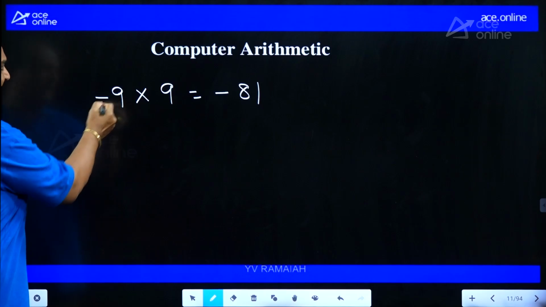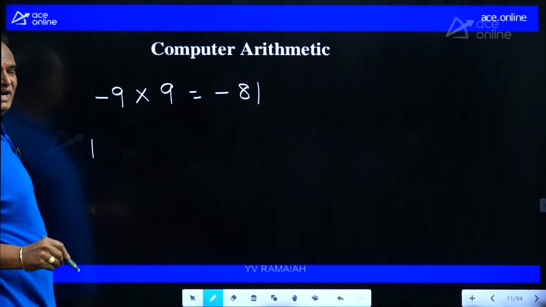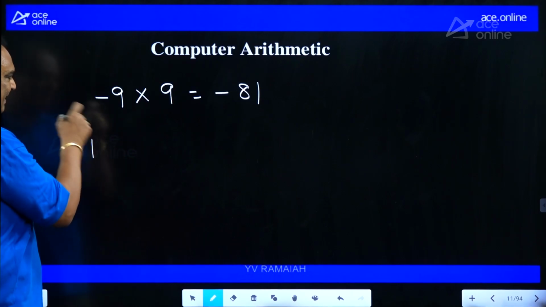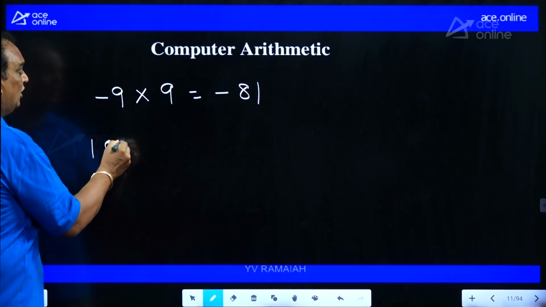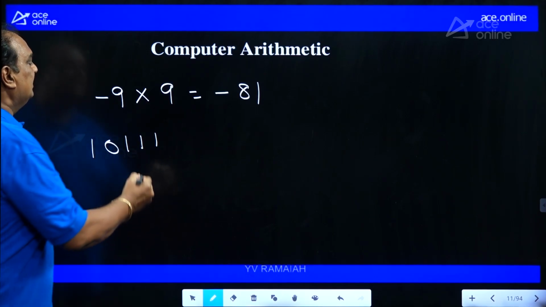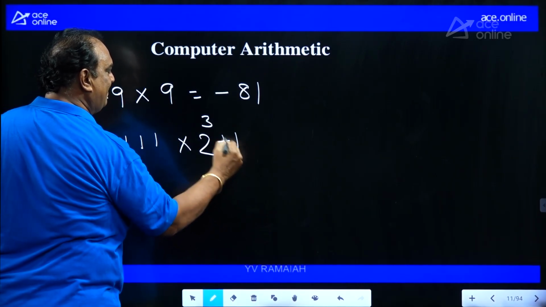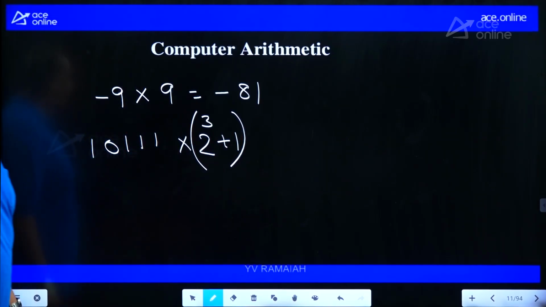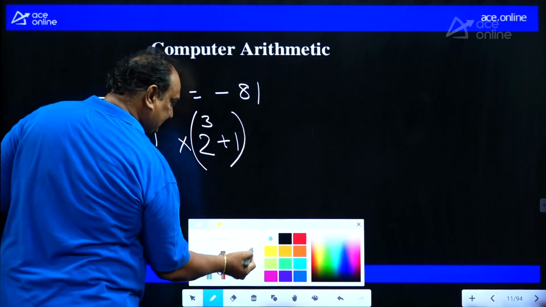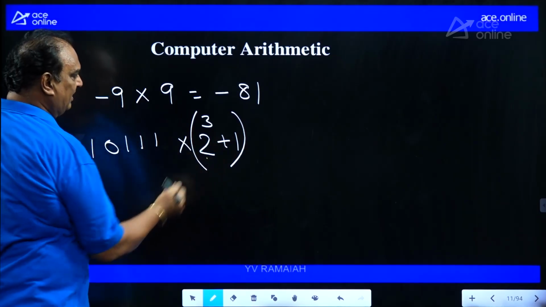In this, minus 9 we already know: minus 16, 8, 4, 2, 1 means plus 7, so minus 16 plus 7 is minus 9, which is minus 9 into 2 power 3 plus 1. Now, for this perform shifting and for this perform addition.